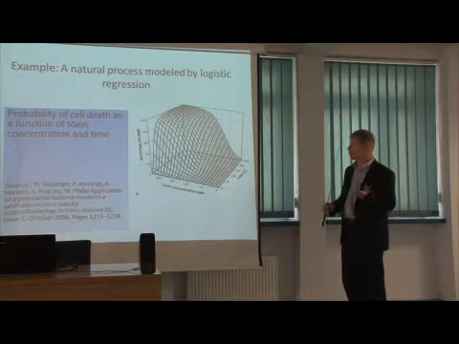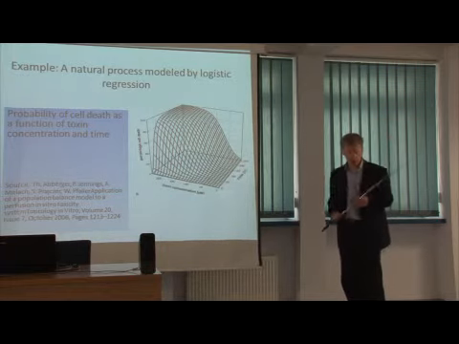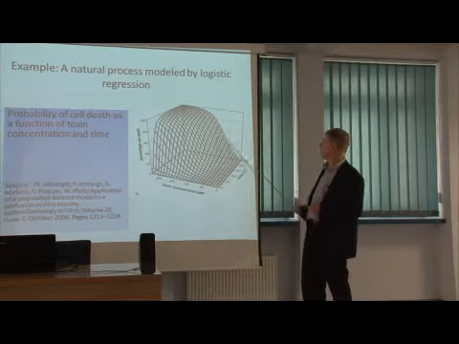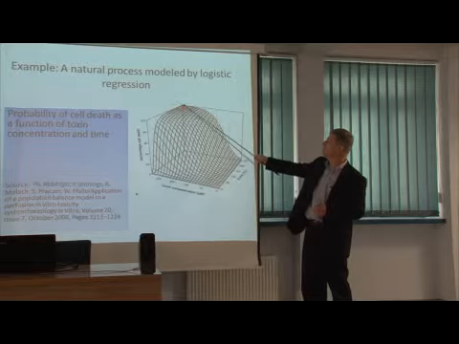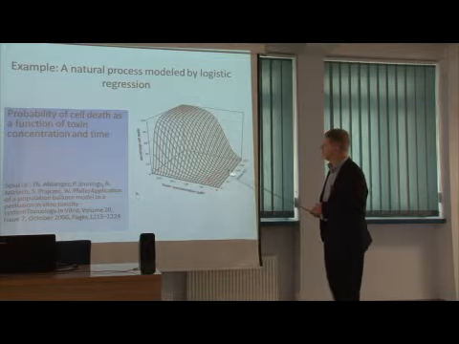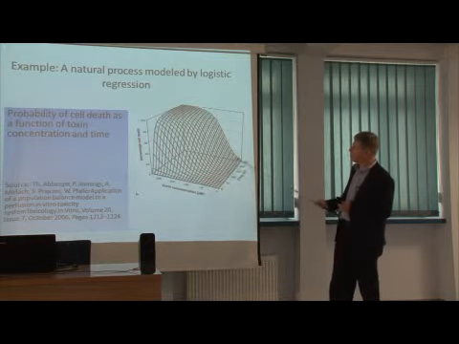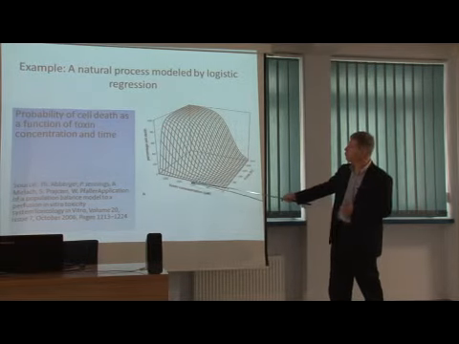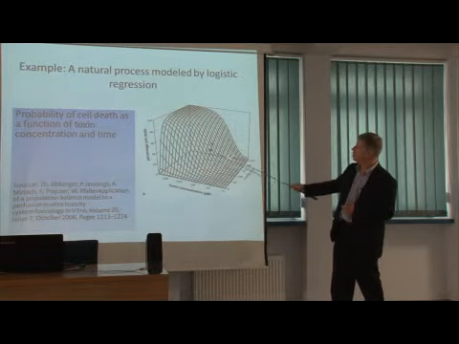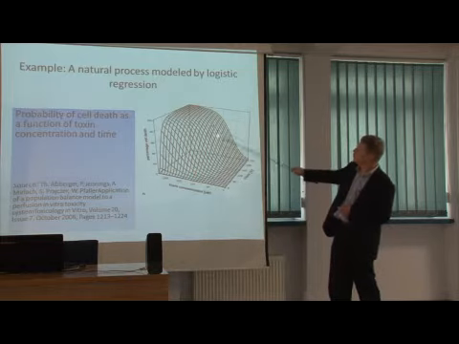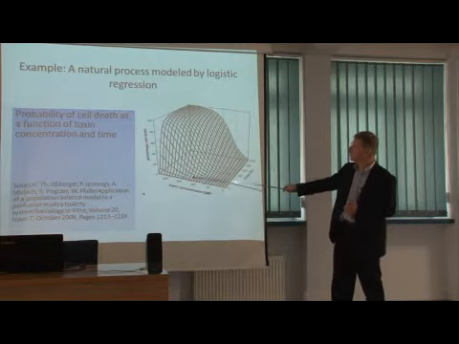Naturally, if we have a very high toxin concentration and a long time, the probability should be 100%, so that is not surprising. What we are modeling is that if we have a medium concentration, then the probability after 250 hours is very high, but essentially it grows along this curve.